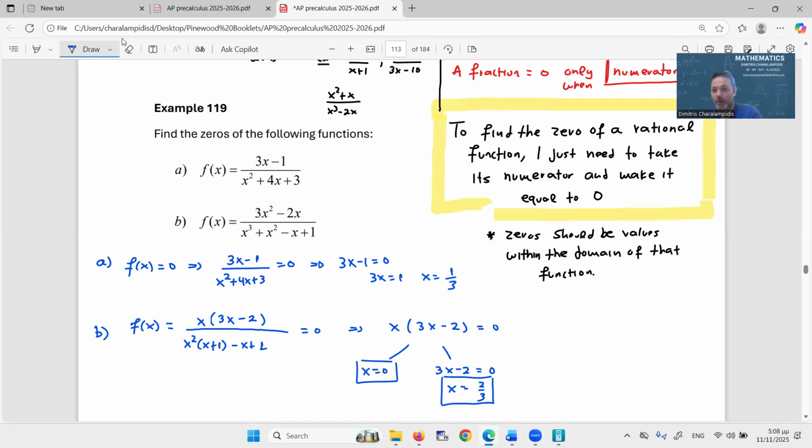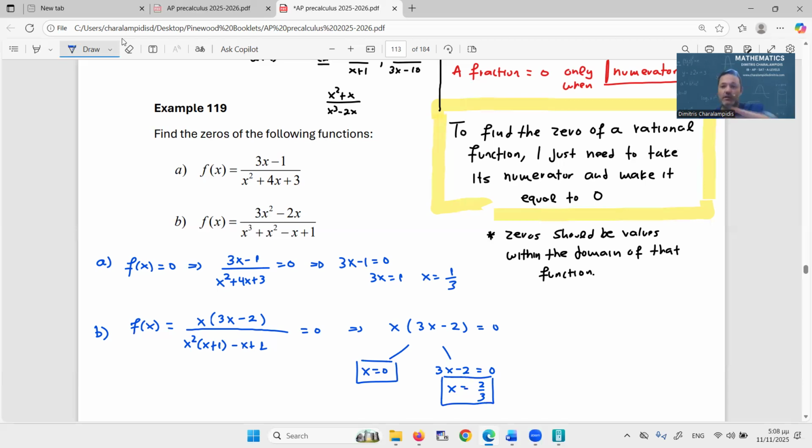Remember again, before we are done with this video, that to find the zeros of a rational function, just take the numerator and make it equal to 0, but be extra careful whether this value makes the denominator equal to 0 as well. If it doesn't make the denominator equal to 0, then that's it.